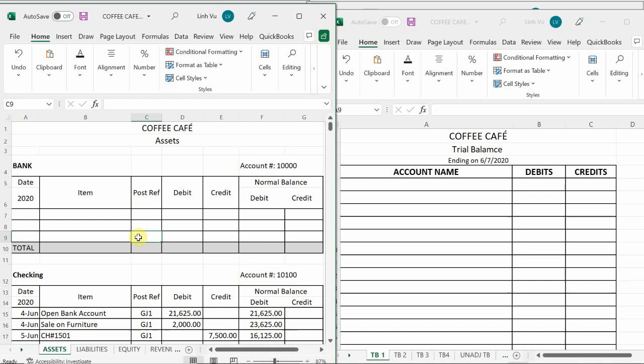Why would we have to put in all of our accounts even if there's a zero balance in there? But that's the activity. Well, in this case, did we use the bank account?